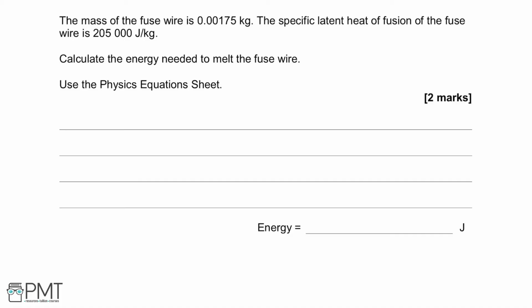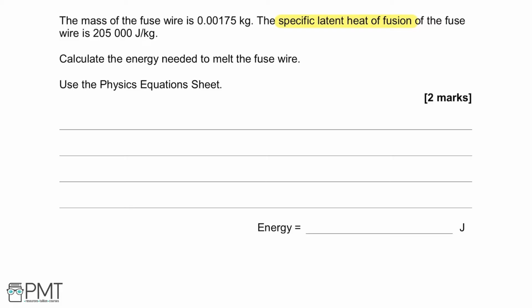So the first thing you may be confused about here is, what is the specific latent heat of fusion? Well, specific latent heat is the energy required to change the state of 1 kilogram of a material, but without changing that material's temperature. And by state, I mean from solid to liquid, or from liquid to gas, or gas to liquid, or liquid to solid.